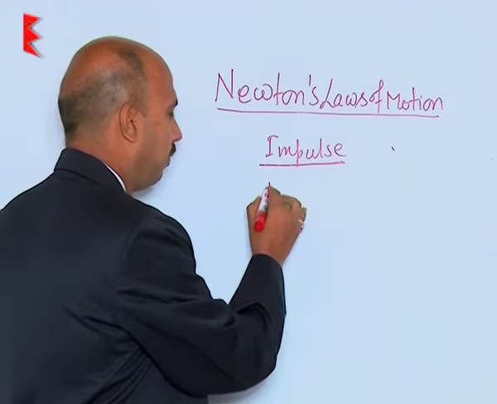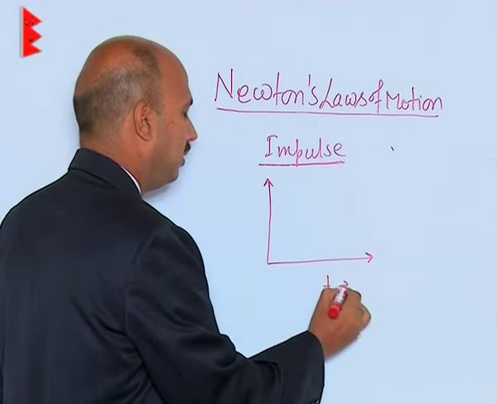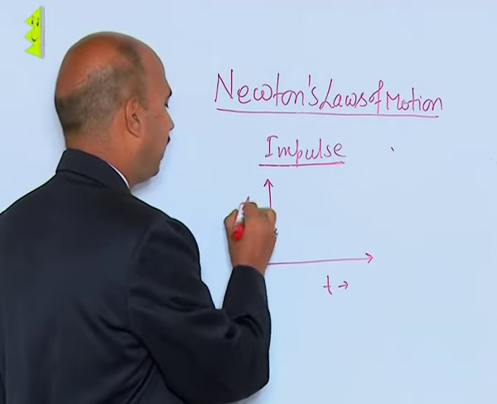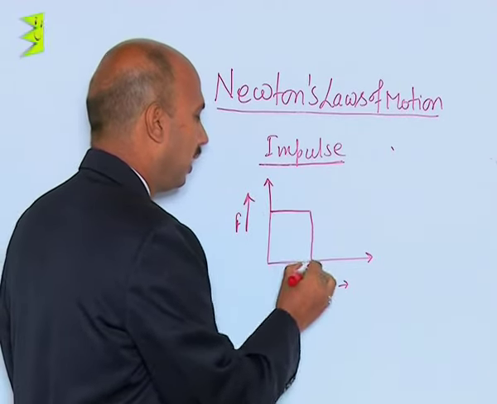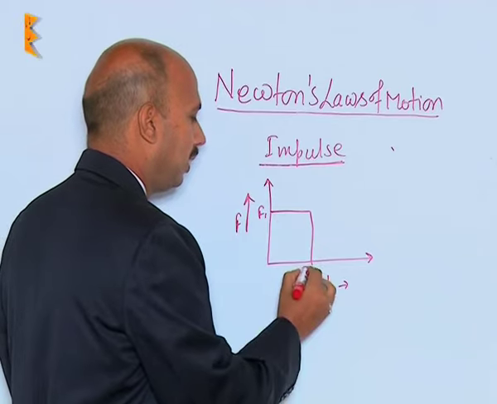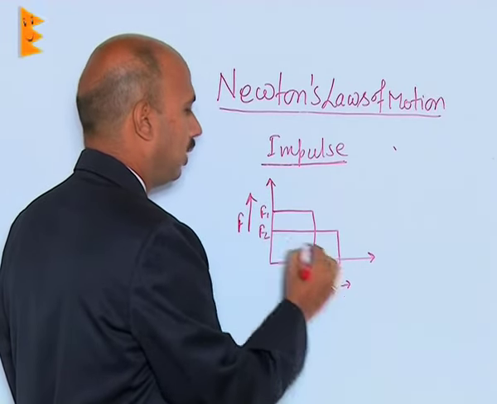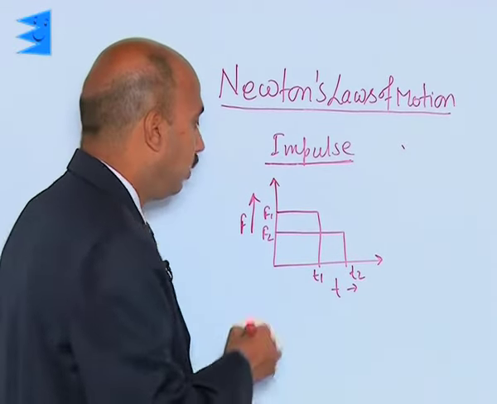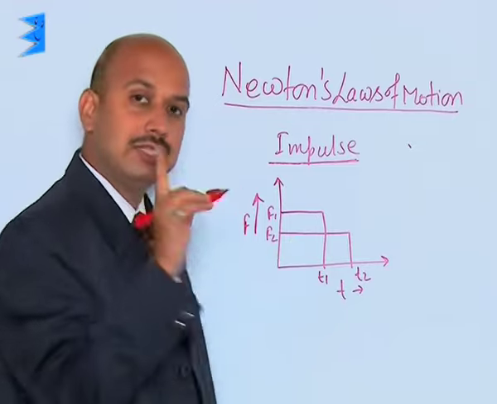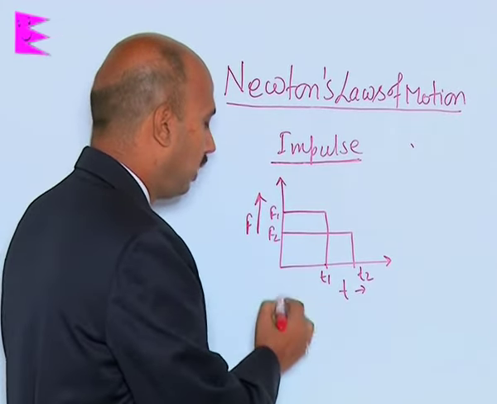Suppose we take a graph like this. On this side I have taken time and on this side I am taking force. You can apply a larger force like F1 for time interval t1, and you can apply F2 for time interval t2. So actually we can produce the same change in linear momentum by applying a larger force for a small interval of time.